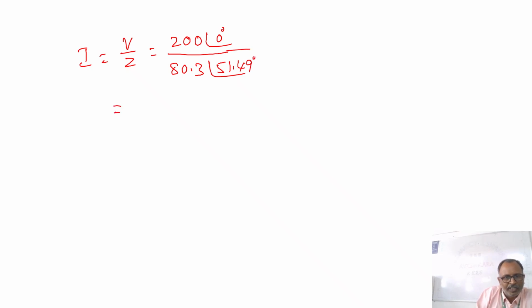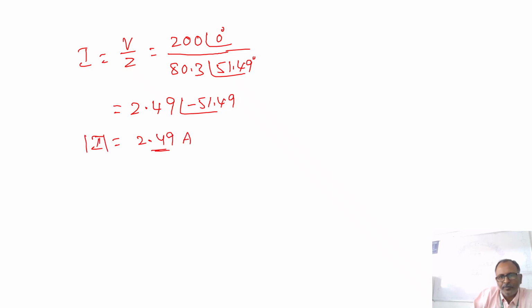So it will give the value of 2.49 at an angle minus 51.49.